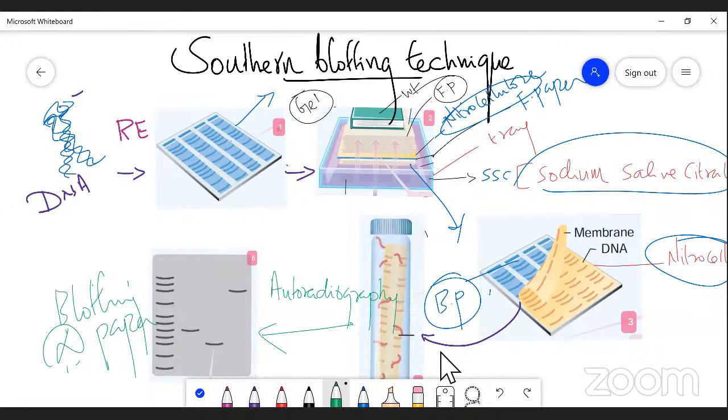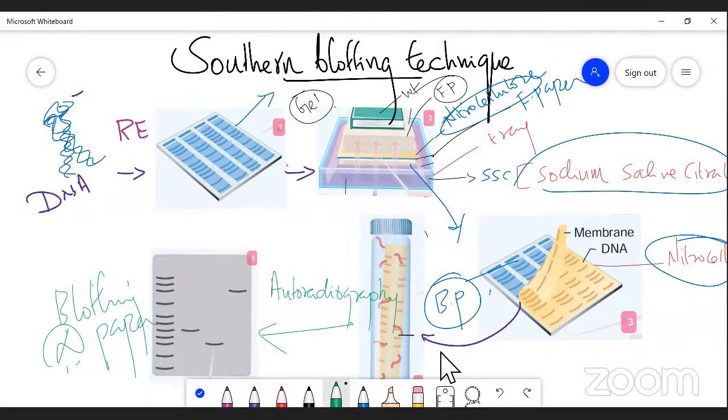autoradiography. What is autoradiography? It is an instrument that emits a continuous flow of light, right? So when the light passes from the hybridization bottle to another tray, by the passing of light, the autoradiography produces a continuous flow of light.